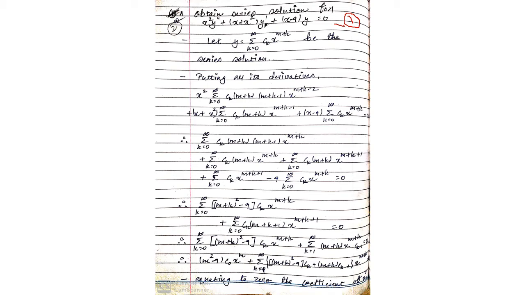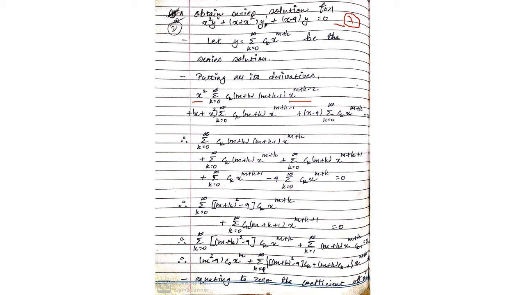Okay, now the next step, step 2: you have to convert x into a single term of x. See, all these terms have two terms of x, so I'm converting them into a single power of x. So summation as it is, c_k (m plus k)(m plus k minus 1) as it is. Here it is given x square, and here x raised to m plus k minus 2, right?